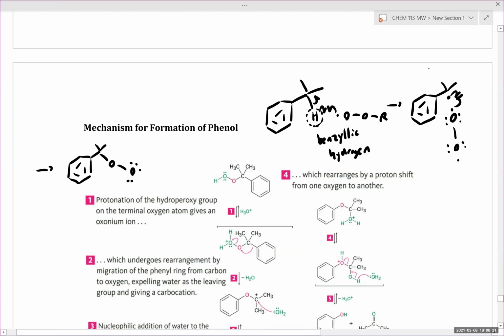What do we think? So a tertiary benzylic radical. Would we expect that to be stable or unstable? Very stable. And that helps explain why this reaction occurs so readily.